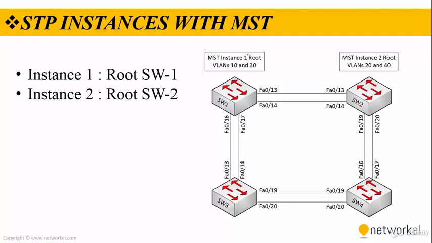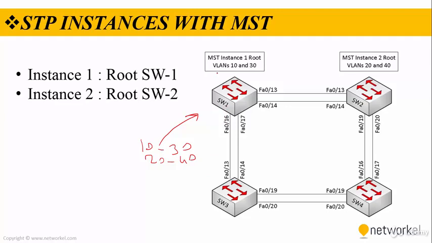MST supports multiple instances, and instance 0 is used to carry all internal information about the STP. Let's take a look at our topology. For VLANs 10 and 30 and for VLANs 20 and 40, traffic flows through different paths.